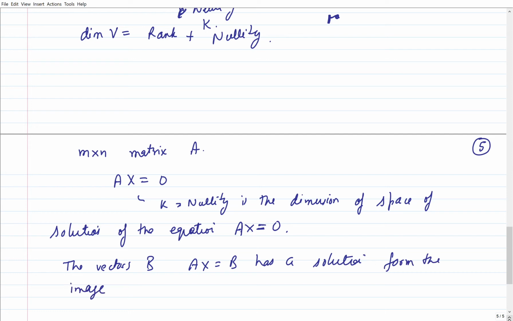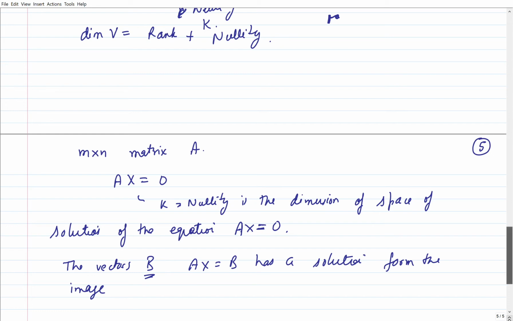Remember, B are the guys in the image of W, and that is it essentially. The sum of these two is the dimension of the vector space. So that is what there is to this thing.